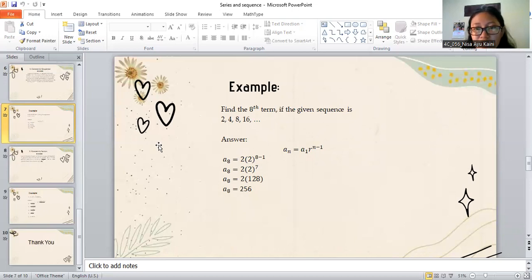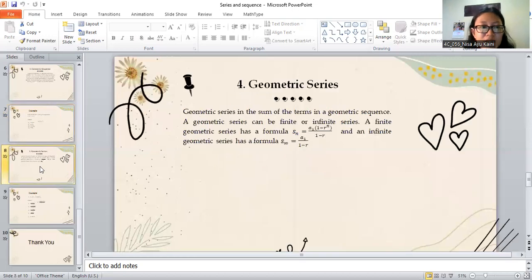A sub x equals 2 multiplied by 2 power 7. A sub x equals 2 multiplied by 128. So we get the result a sub x equals 256. Okay, next slide.